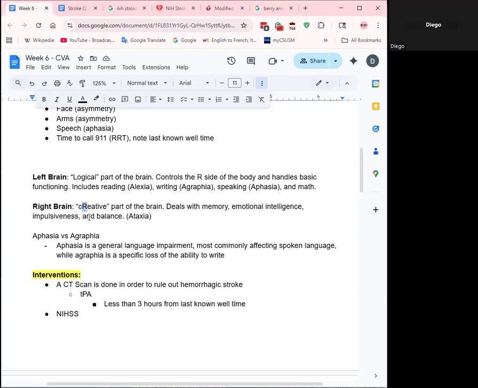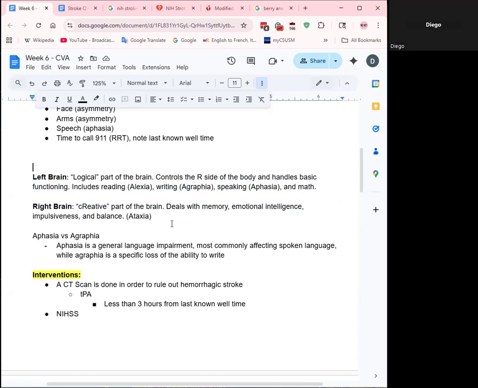So the easiest way to do it is to think of the left brain: if they're having issues with reading, writing, speaking, arithmetic, that would be the left brain, and everything else would be more of a right brain issue.